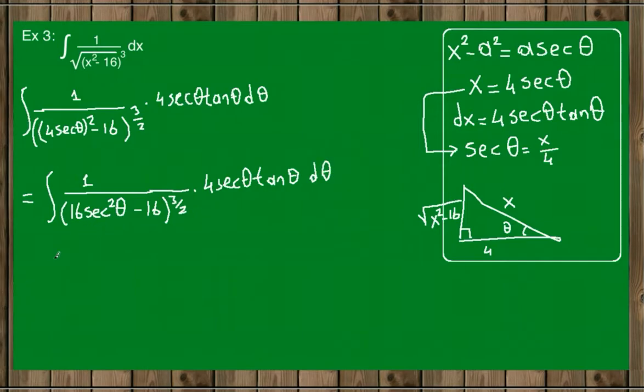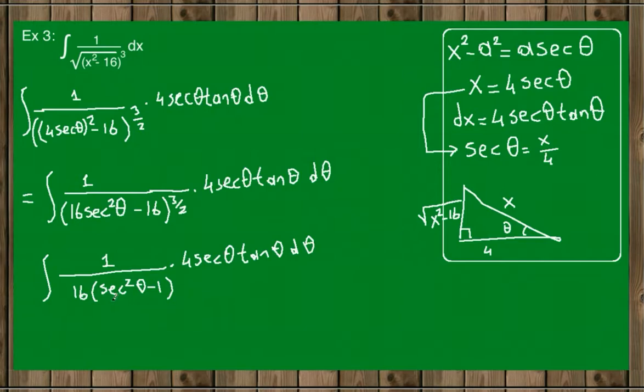Here we can factor out 16. What is left inside is secant squared theta minus 1. And we have 1 above, and we have dx here, which is 4 secant theta tangent theta. This is the Pythagorean identity: secant squared theta minus 1 equals tangent squared theta. Now let's raise it to the 3 over 2.